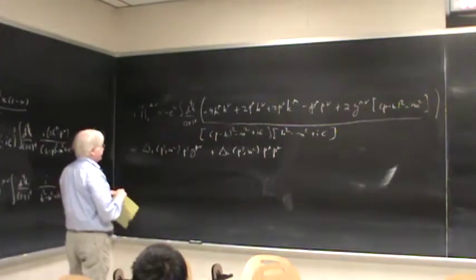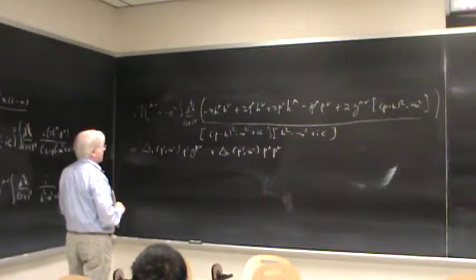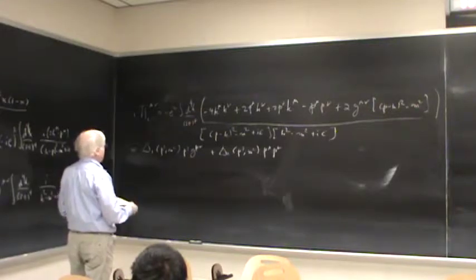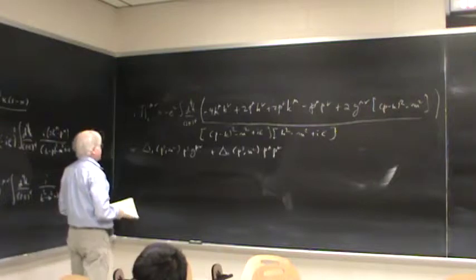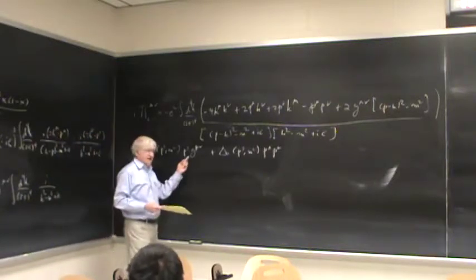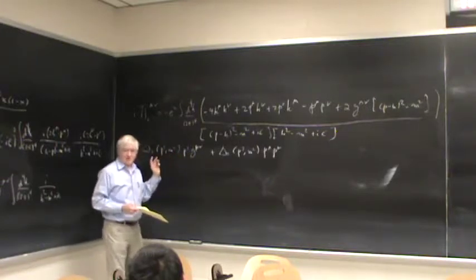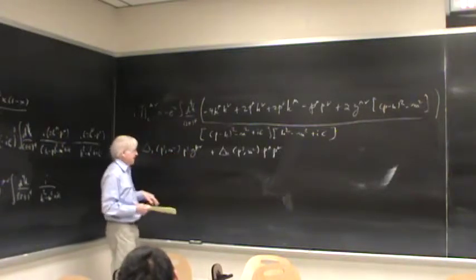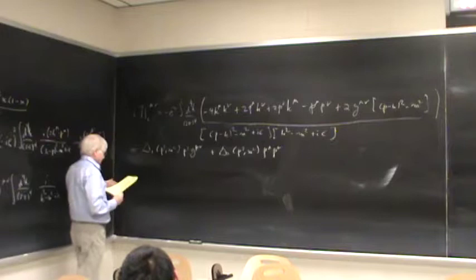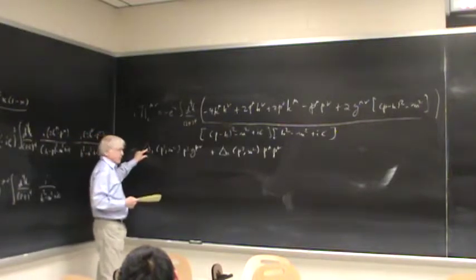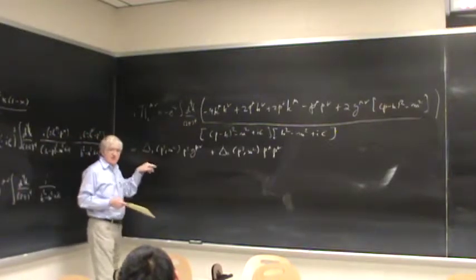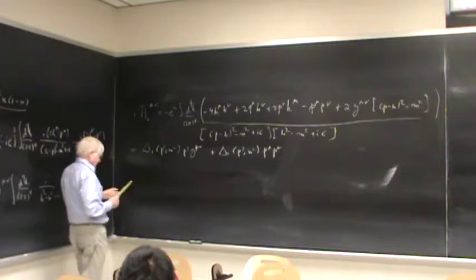And to tell you the truth, I'm not sure why we can't have a g mu nu term in there without a p squared. But I suppose you can rewrite delta 1 as more of a p squared plus something else. All right.